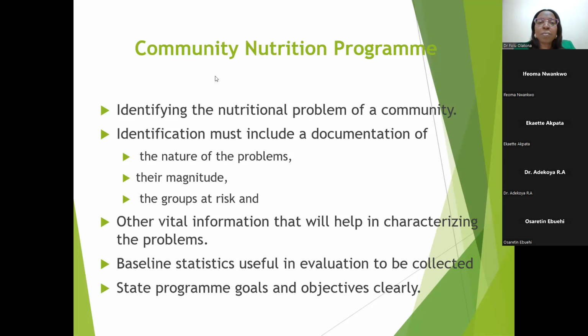For example, if you discover that many of the pregnant women are anemic, they have anemia, and you are thinking you would like to conduct a community nutrition to address anemia, how do you know when you have solved the problem?